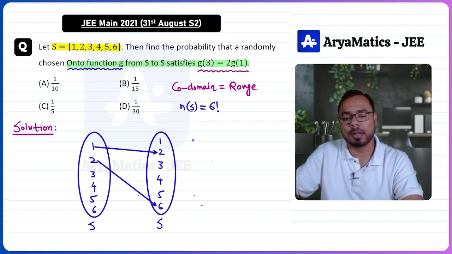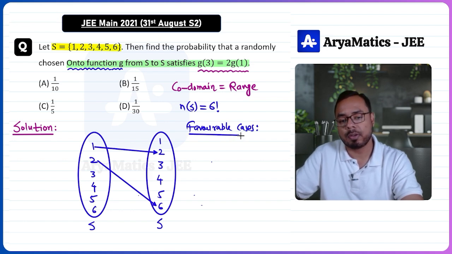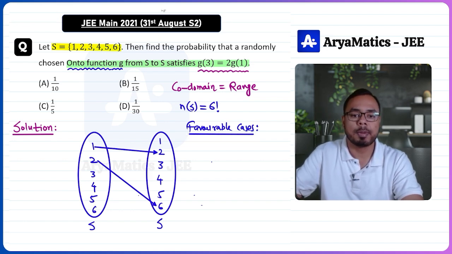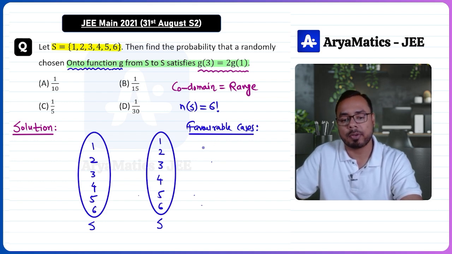Now let us figure out how many favorable cases there are. If we find the number of favorable cases, then we can get the probability that a randomly selected function satisfies the equation that g of 3 is twice of g of 1. So favorable cases are all those cases where this condition is satisfied.